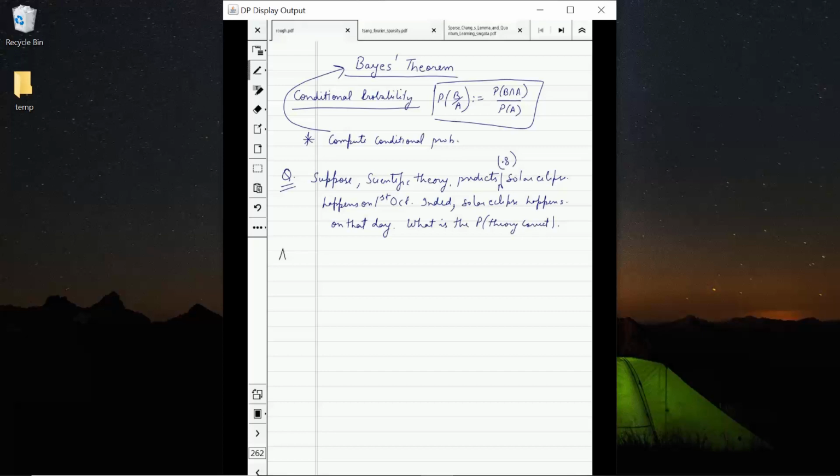Looking at the first glance, you might say 0.8. You might also guess that that is not going to be correct. It is not going to be that easy. So let me say some reasons why this is definitely not correct. Think of a situation where almost all theories predict the solar eclipse on 1st October.